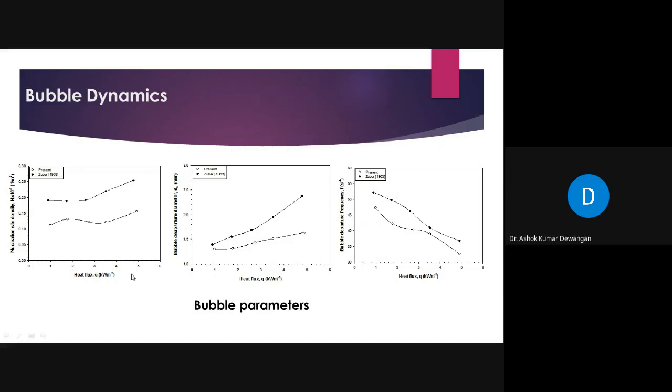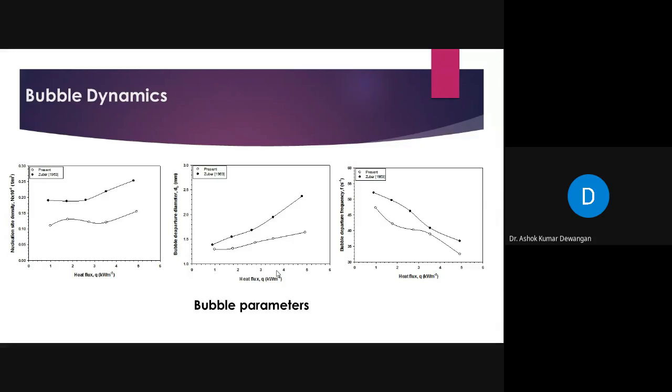Now, in the second case, to obtain the bubble departure diameter, I recorded 500 photographs of the heating surface, which were analyzed at this heat flux range. At each heat flux, the bubble characteristics were captured for 0.7 seconds. The bubble departure diameters varied with the applied heat inputs on the heating surface.